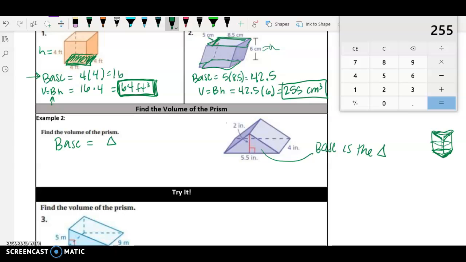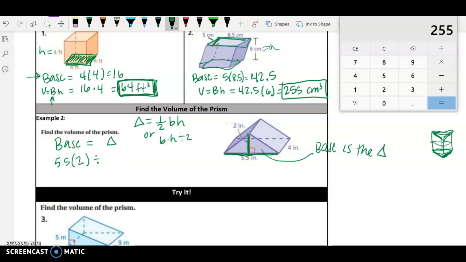remember, a triangle is 1/2 the base times the height, or think of it as base times your height divided by 2. So what we're going to do is take the base of the triangle, so that's why we're using a lowercase b. The base of the triangle is 5.5 times the height of our triangle, which is 2.